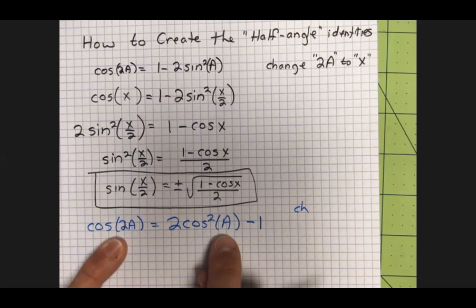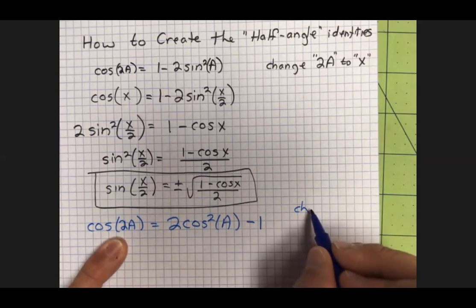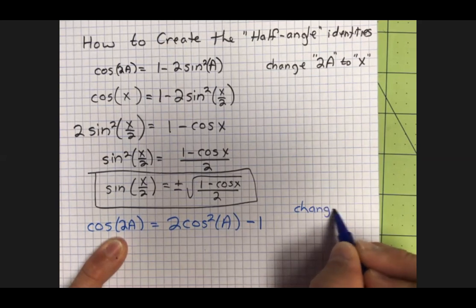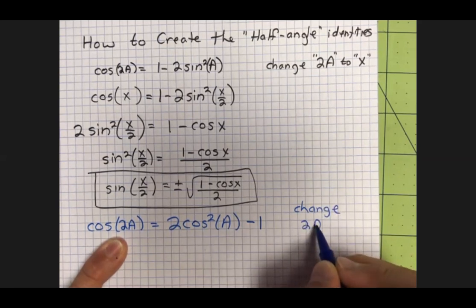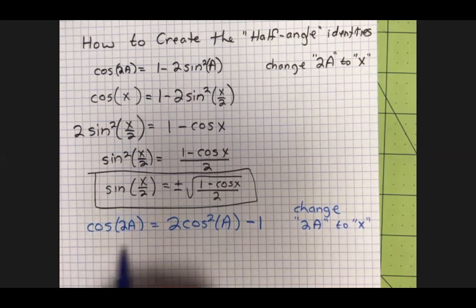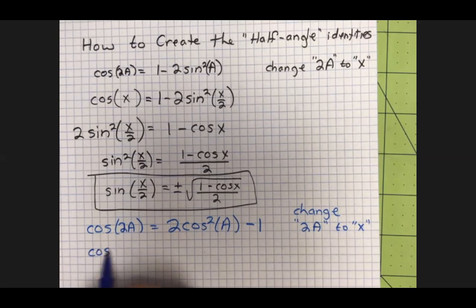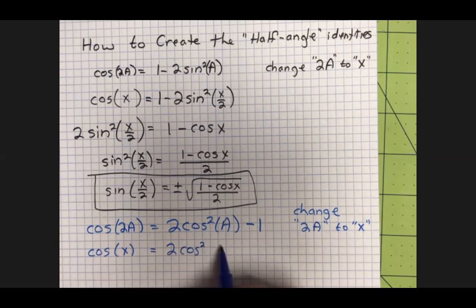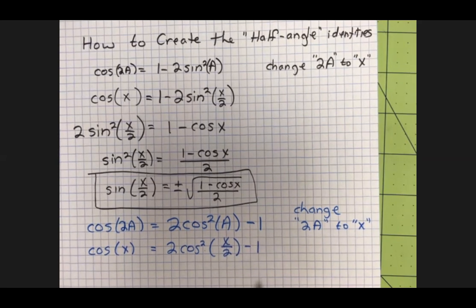Change your perspective and think of it as a half angle formula by changing 2a to x. Then you'll write cosine of x is 2 times the cosine squared of x over 2, 1/2 x, minus 1.